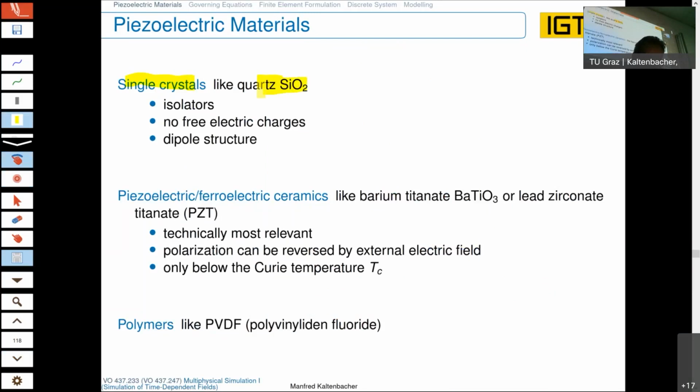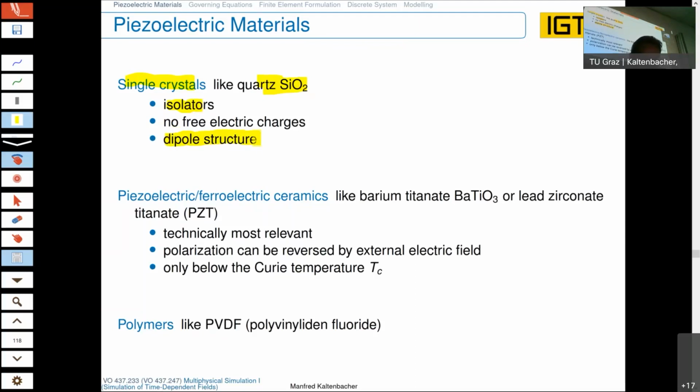So actually what we have is as materials, single crystals like quartz, for example, SiO2. They are from the electrical side more or less isolators, and as we know, these isolators, this dielectric behavior we have there, we can model by individual dipoles, and that we smear over and introduce the so-called electric polarization.